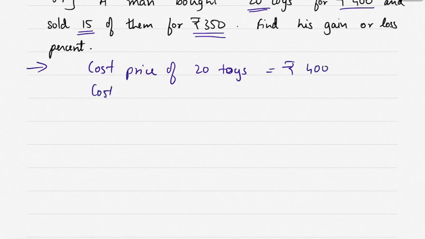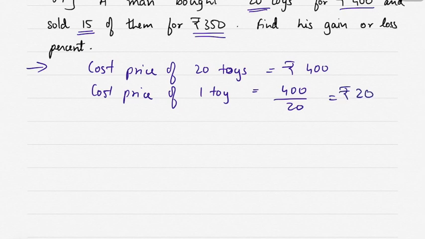That means cost price of one toy is 400 divided by 20, which is rupees 20.